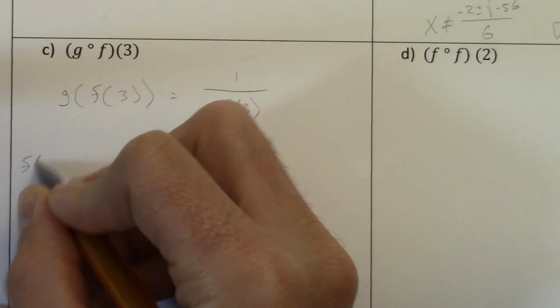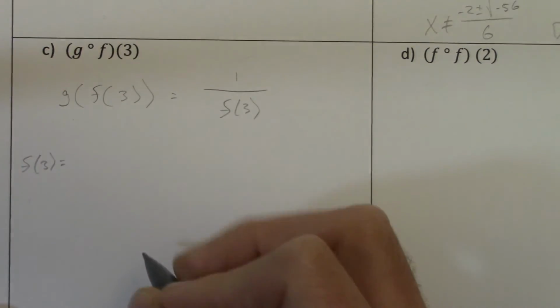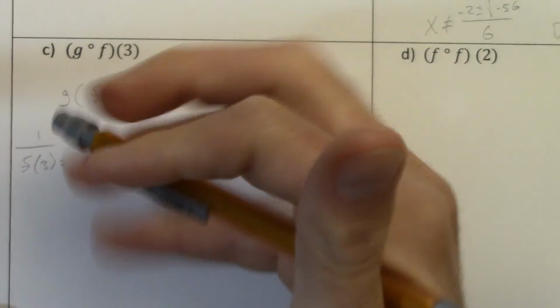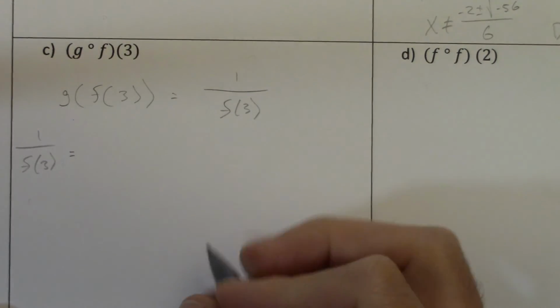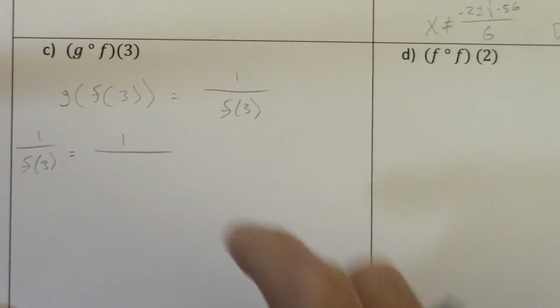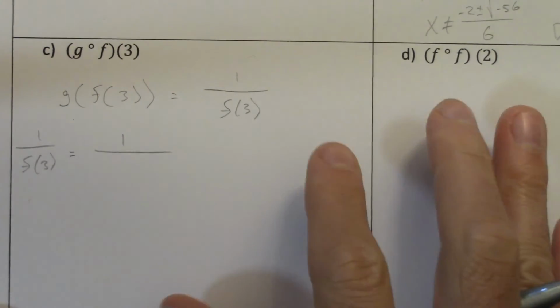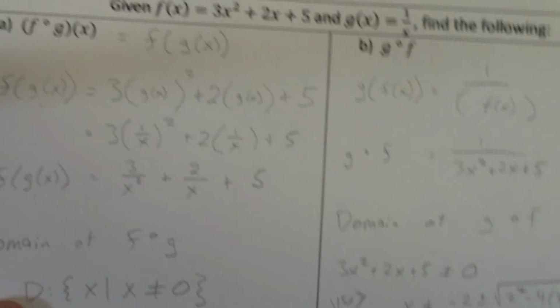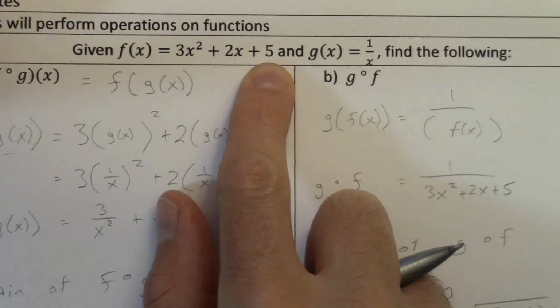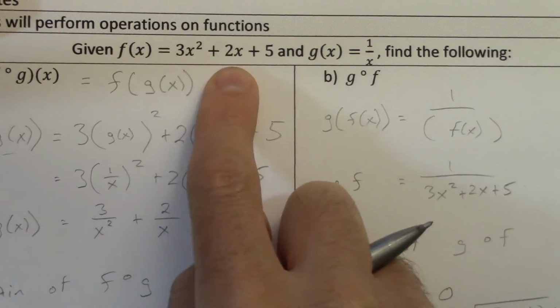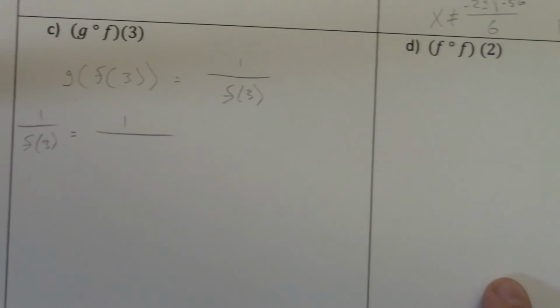So f of 3 by itself is just, I should probably put this all together, 1 over f of 3. So we have to look at the function f and realize that the function f is 3x squared plus 2x plus 5. So I'm just going to plug in the number 3 every time I see an x.